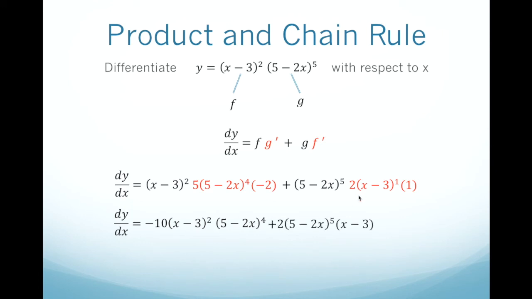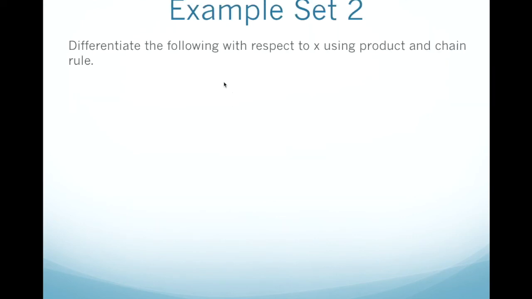Then plus, 2 times 1 is 2, then multiply to 5 minus 2x to the power of 5 times x minus 3. So this is already our final answer as the derivative of the given function. Now let's have the second set.